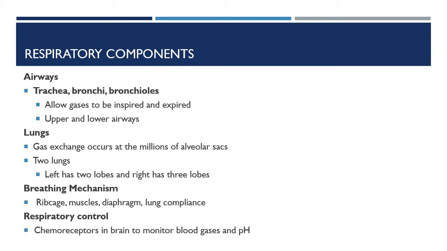And by assessing the blood gases such as O2 and CO2 and as well the pH, they send signals to the lung to either take faster breaths or deeper breaths or slower breaths, whatever is required to maintain homeostasis. Okay? Remember, everything is about maintaining homeostasis.